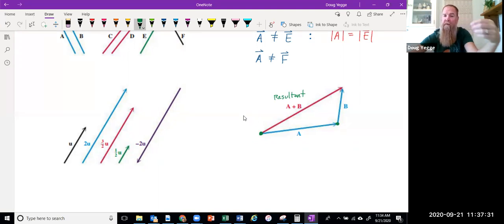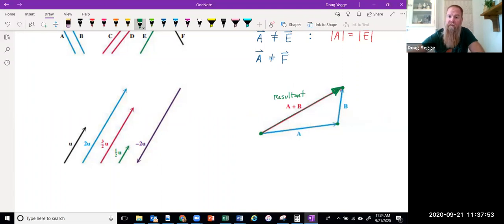I would then pick up at the terminal point for vector A and add the new vector B onto vector A. Wherever the initial point of A touches the terminal point of B, that is going to be referred to as the resultant of those two vectors.